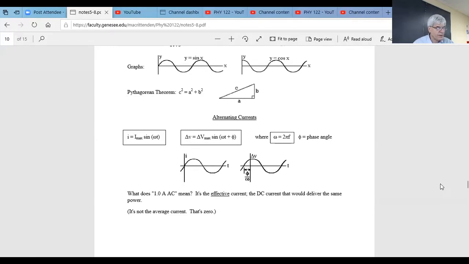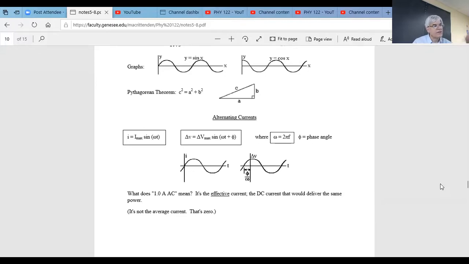So what is it? Well, we'll get a little more specific about that on the next page, but the basic idea is 1 amp is the effective current, okay? Some of the time the current is more than 1 amp, some of the time the current is less than 1 amp, but it averages out, not average in the sense of just a regular mean, but in the sense of this alternating current would make your toast get just as brown in the same amount of time as if you had a steady DC current of 1 amp, okay?